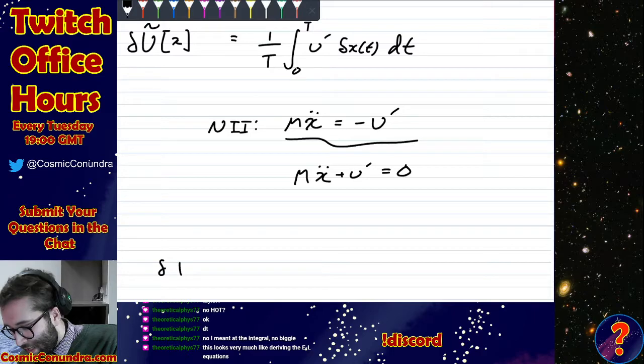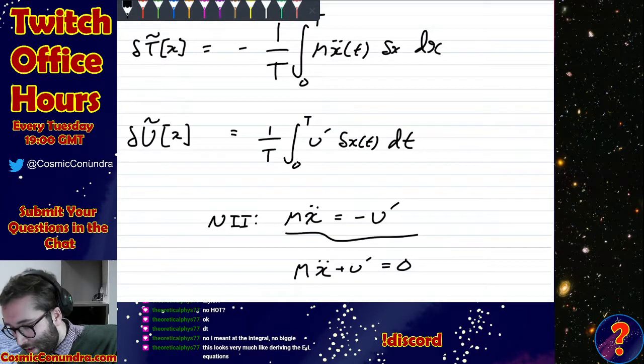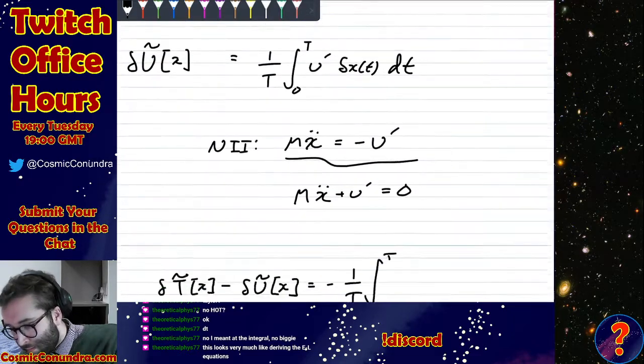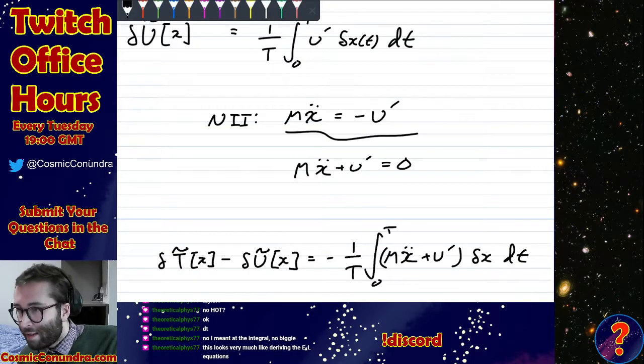So if I now consider the variation in t minus the variation in v, what I get, I could pull the 1 over t out, I can pull the integral out, and I end up with mx double dot plus v prime, all times delta x, integrated with respect to t.